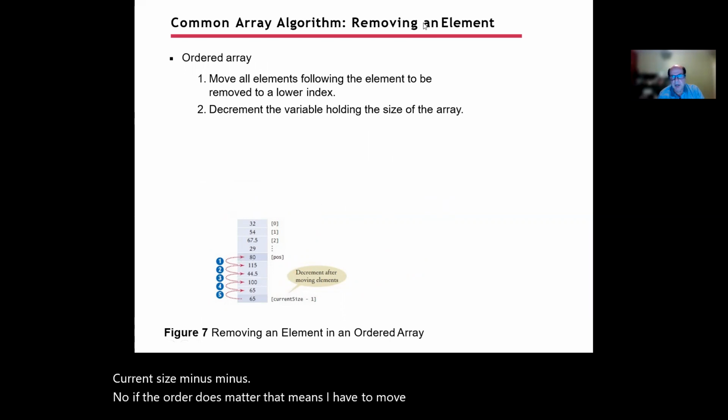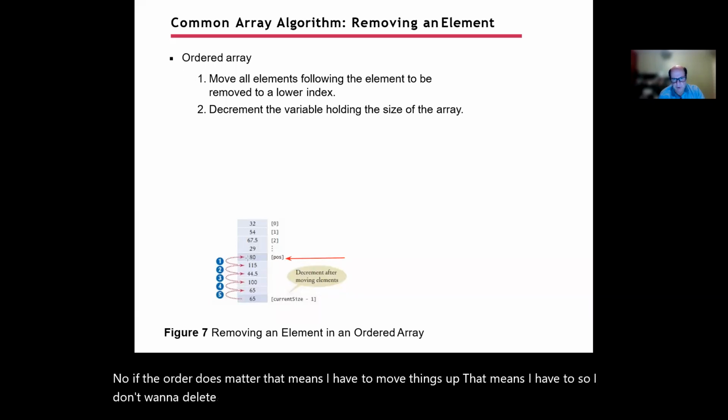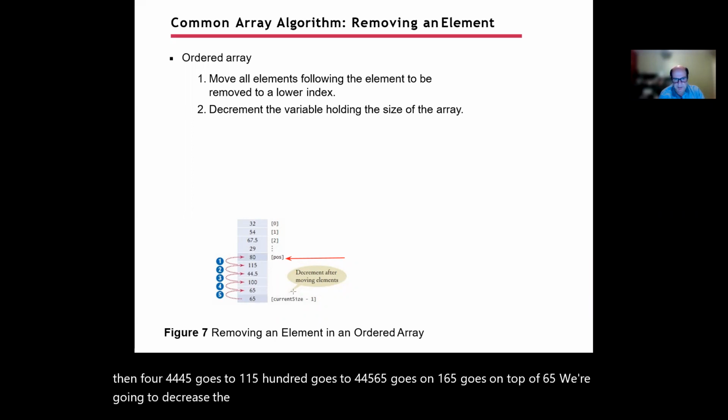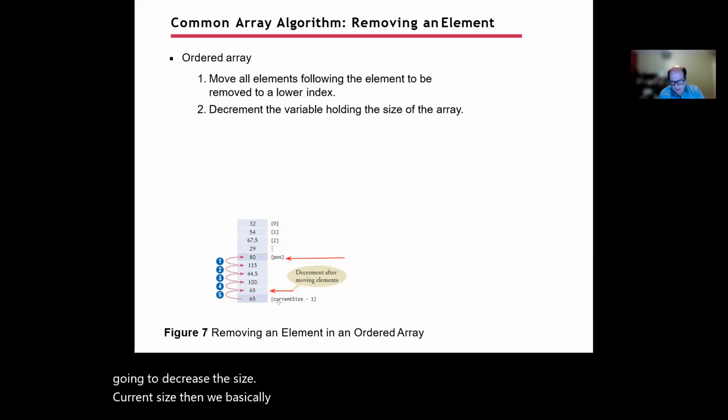I want to delete this, so I have to bring this one on and put it. So 115 goes on top of 80. Then 44.5 goes to 115. 100 goes to 44.5, 65 goes on 100, and 65 goes on top of 65. We're going to decrease the current size. Then we're basically going to be looking at our current array up to this point.